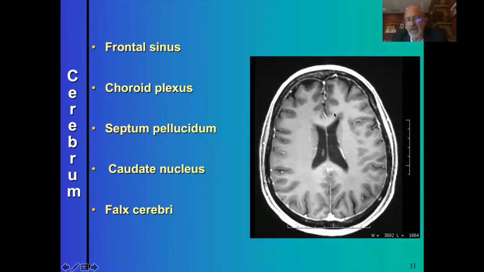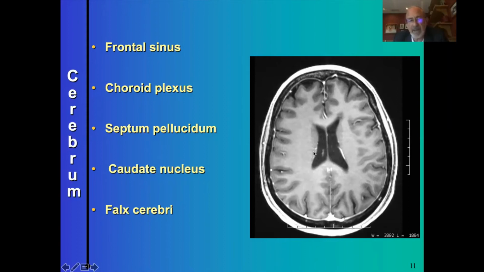Once again, taking you around the horn, genu, splenium, septum pellucidum, right through here, lateral ventricles, the spaghetti-like structures in here, choroid plexus. Once again, any gray matter structure adjacent to the lateral ventricles would be caudate nucleus, specifically head, body, tail.